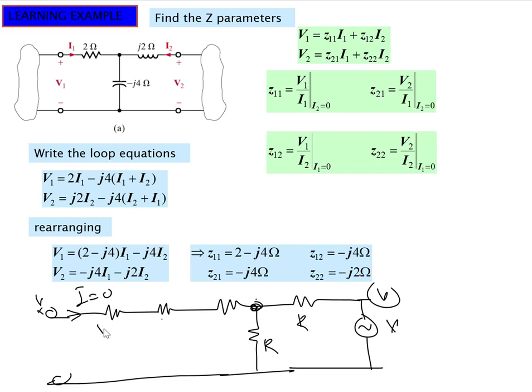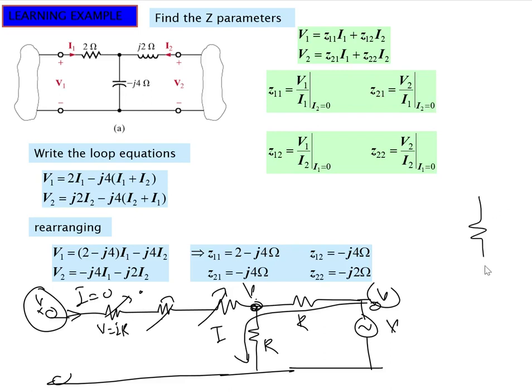If I is 0, V is equal to IR, so drop is 0, drop is 0, drop is 0. So no drop. That means that this voltage is only flowing on this side for its current, and there is no drop on the left side. So we can say that this voltage which is available here is also available here, and this voltage will be same as the voltage drop in these two resistances.